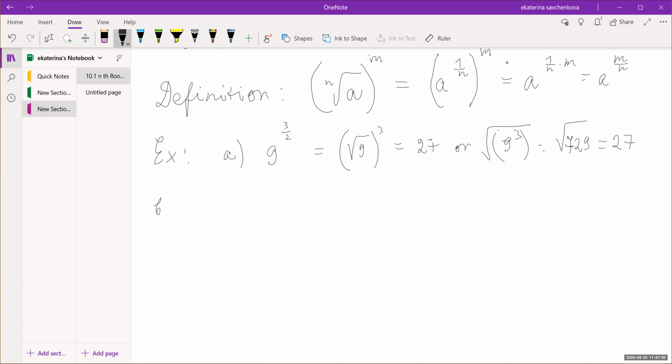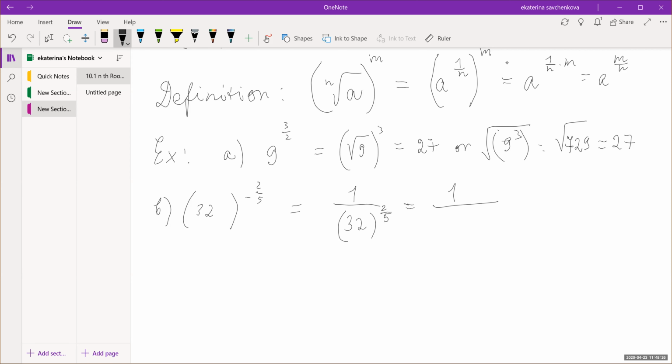Okay, next example is 32 to the power of negative 2 over 5. Here, guys, I'm going to first kind of deal with minus. Remember that minus in front of the power means that actually number was in denominator. So I'm going to write down 1 over 32 to the power of 2 over 5. Now, I'm going to use my rule about rational exponent.